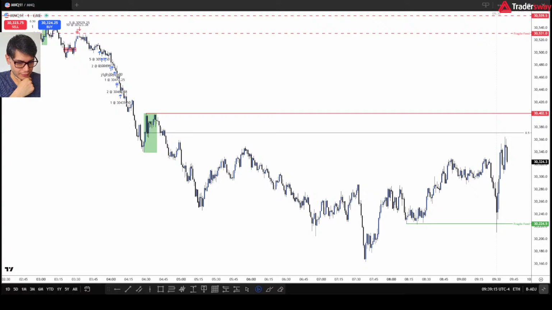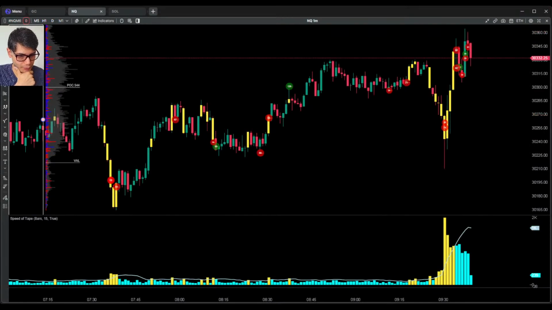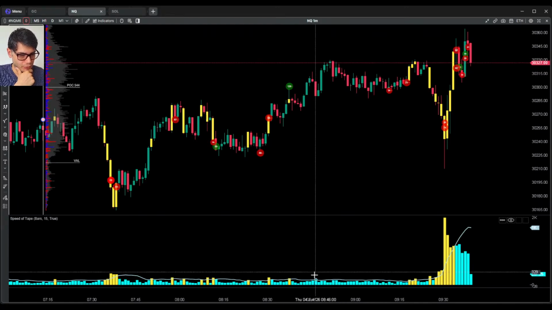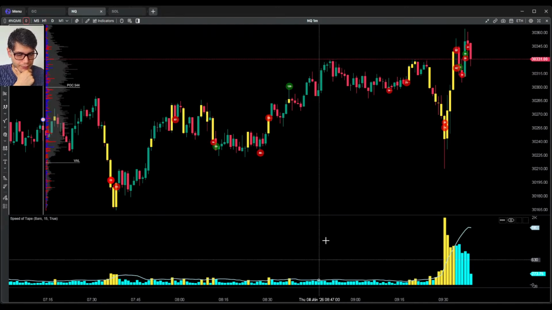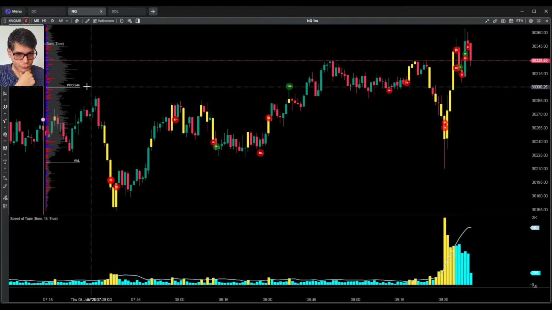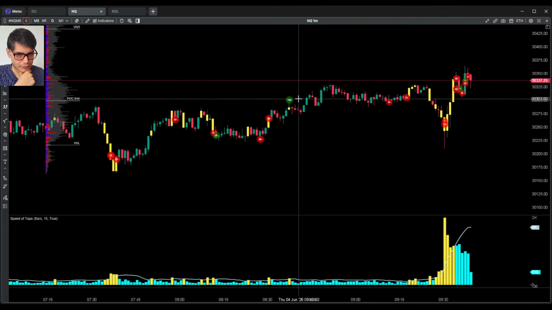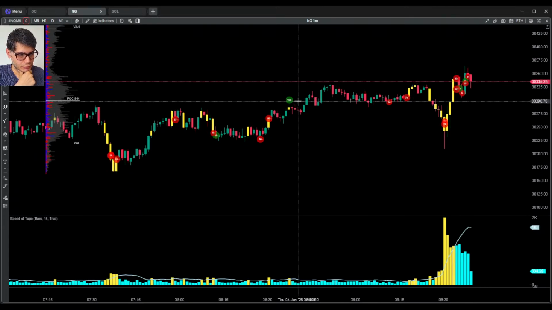Now I should take a look at the order flow. Let's have that on our chart for a moment. Yes, it's here. So today's point of control with 544 contracts is here at 298.